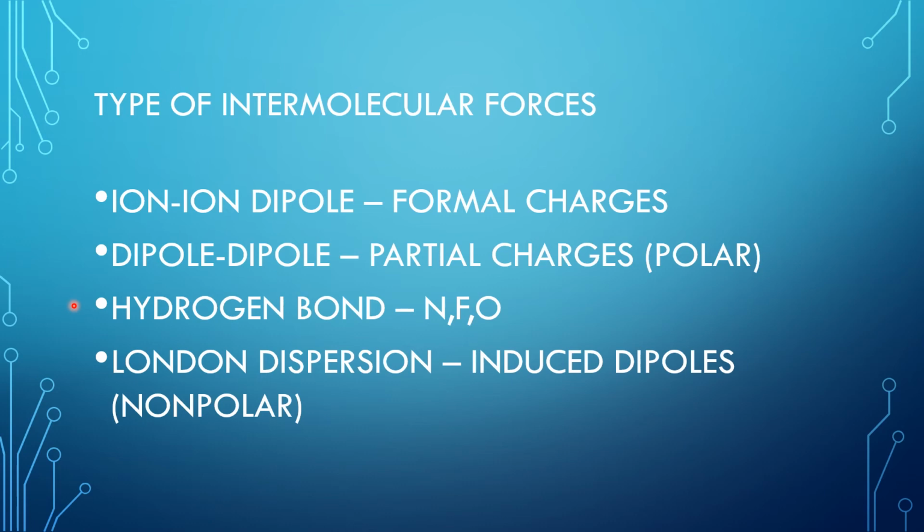So, the best example of London dispersion are those with complete valence electrons. These are the noble gases. The noble gases appear as diatomic. When we say diatomic, for example, helium. Helium becomes diatomic, so when it appears as a compound, it will be He2. Okay?